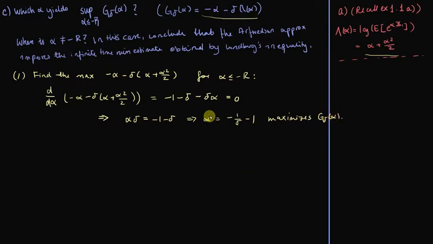And then we're asked about when alpha is different from minus r. Well, first of all, let us just try to build in our constraint here that alpha is smaller than or equal to minus r. So let's start by answering when is alpha smaller than or equal to minus r.